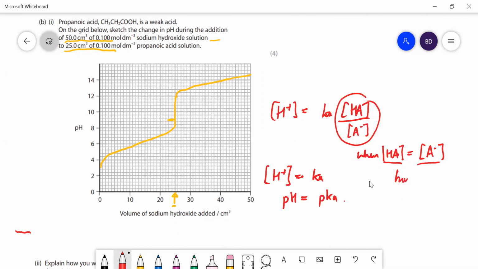Okay, now when is HA concentration equal to A minus? That's our half equivalence point, which in this case is going to be 12.5 centimeters cubed, because 25 is the equivalence point, so it's here. So 12.5 about there. So I'm going to draw a construction line. What you do is you do that. Now you know at half equivalence point, the pH is equal to the pKa.